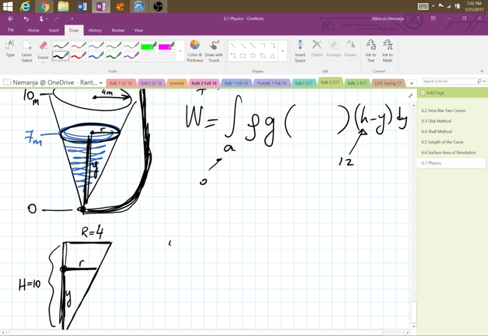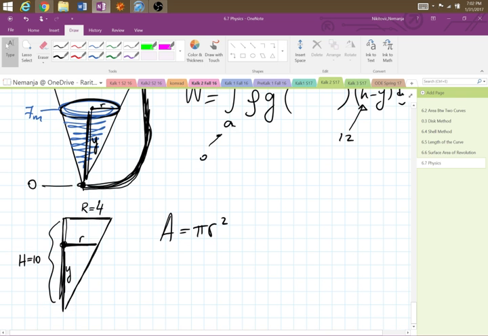So we know that the area of the circle is pi r squared, but I need to make it as area of y. If I write the proportion, capital H is to big R as small h is to small r, and I know that H and R are given, that's 10 over 4.